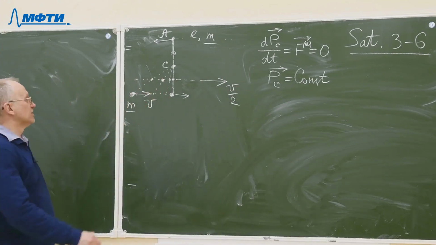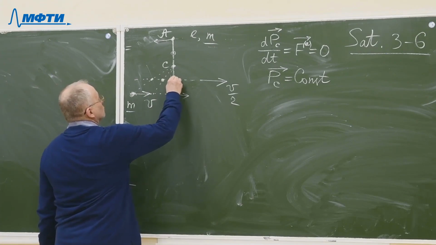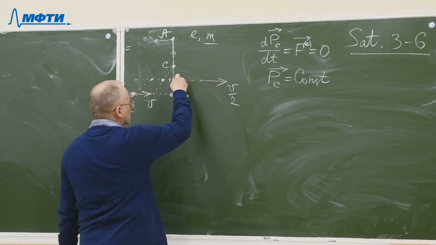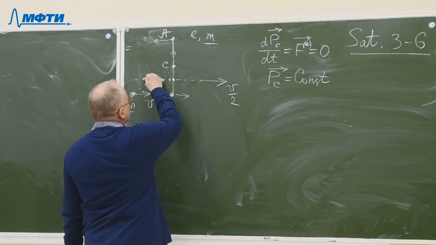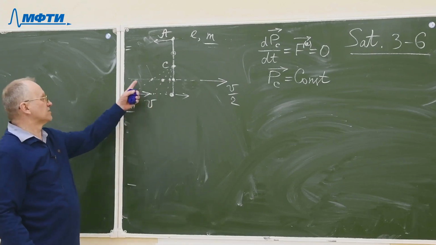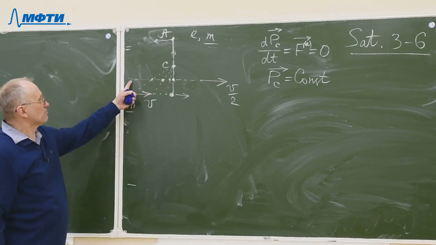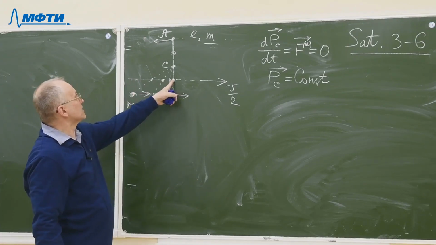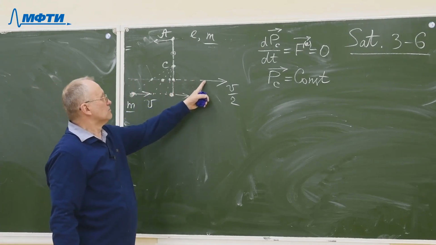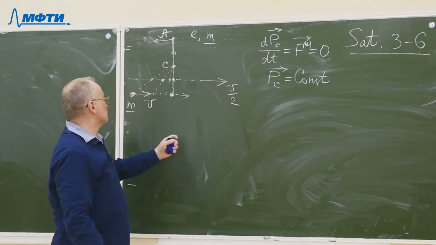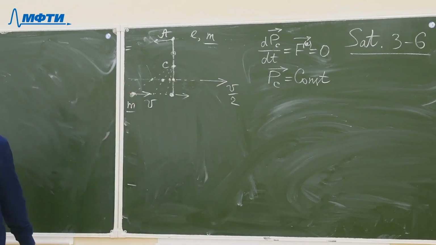So after the collision, this point of the rod will start motion along the same line as the center of mass, and will move in this direction along the same line with velocity v over 2, half the initial velocity.